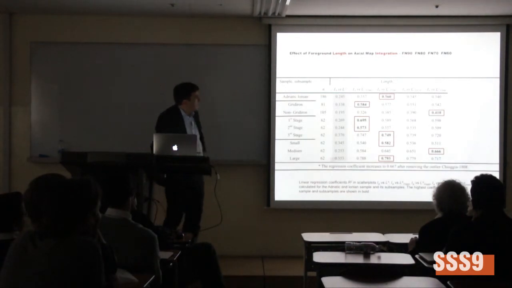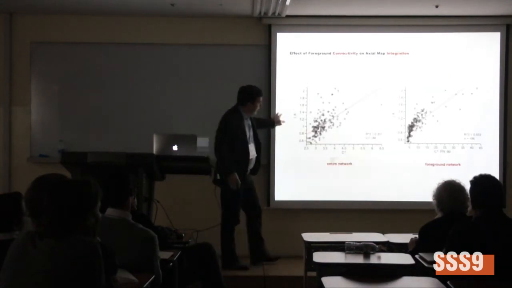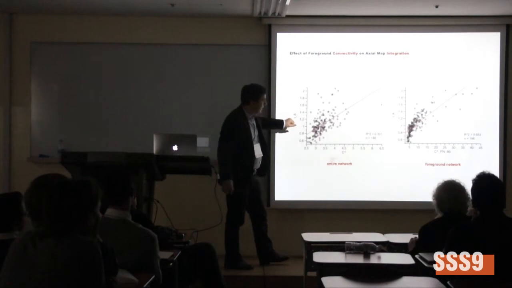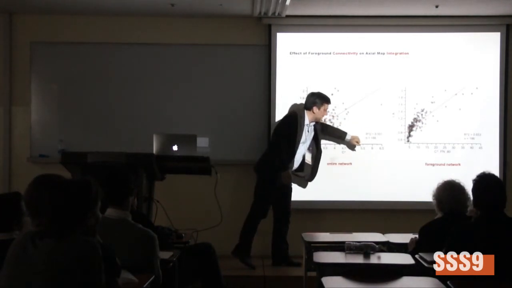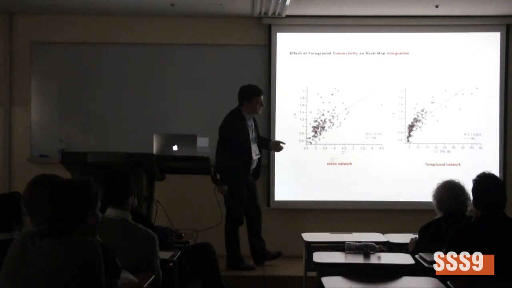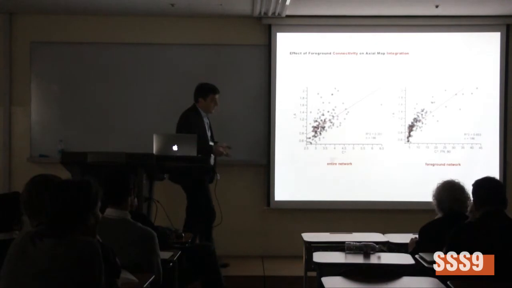The next step is to check the connectivity. So again, as expected, there is no link between mean connectivity and mean integration for the entire city. For the old sample, that's what the correlation is, 0.33. And that jumps to 0.65 if I just consider the connectivity of the foreground network.